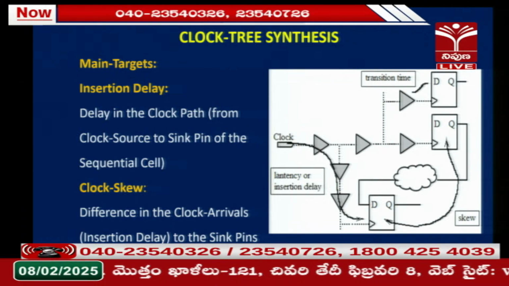Hold check means the data which is coming from one register and going to another register, the start point is called the launch register, the end point is called the capture register. The delay between this launch register and the capture register has some constraints, minimum delay and maximum delay.